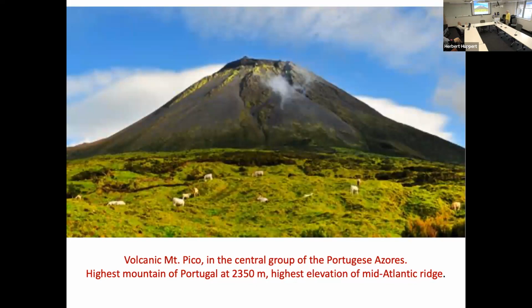Another situation which I think is interesting is Mount Pico, which you see here. The top of it is the highest point in Portugal at 2 and a bit thousand meters, though it's actually on the mid-Atlantic ridge.